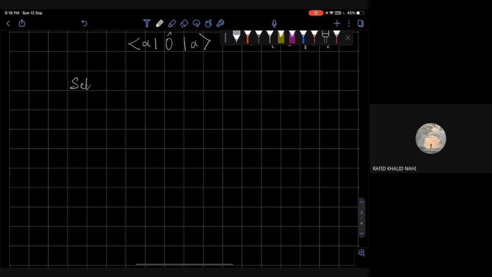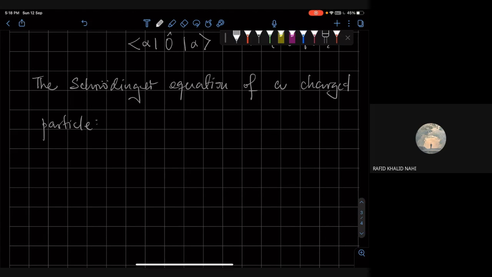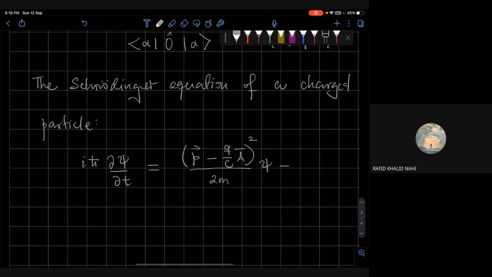The Schrodinger equation of a charged particle is given by i h bar times the time derivative of psi equal to P minus Q over C of A, whole squared, divided by 2m acting on psi, minus Q phi acting on psi.